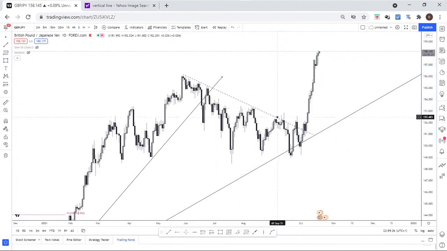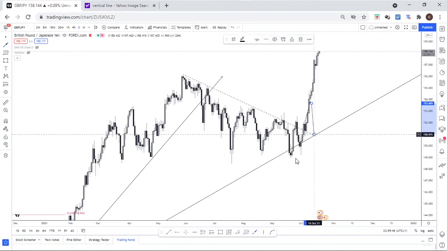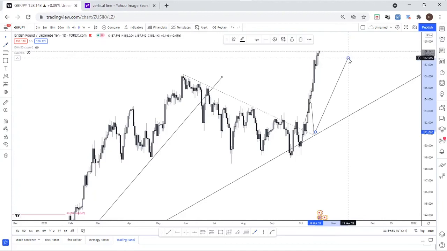But some may also want to wait for a perfect break and retest, expecting a retest of the trend line before the market actually starts making new highs. So that's it for trend lines and Fibonacci.